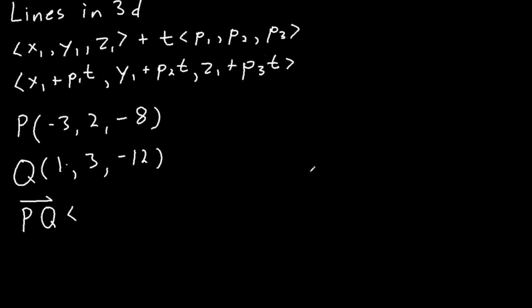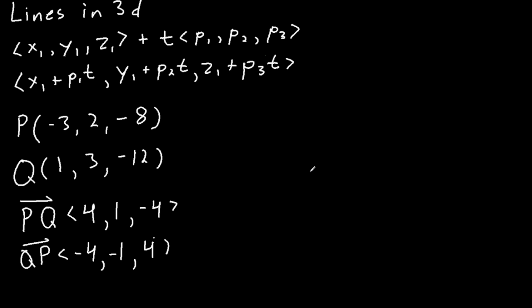So from negative 3 to 1, what value do you have to add to negative 3 to get 1? You go up by 4. From 2 to 3, it's 1. And from negative 8 to negative 12, you actually have to go down 4 values. Now, the order in which you represent this vector matters. If you did Q to P instead, it would be different. Everything would actually just be the opposite values.